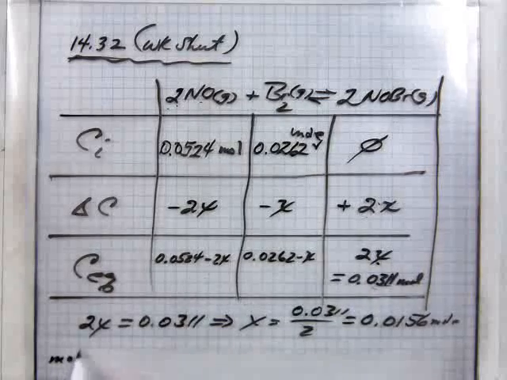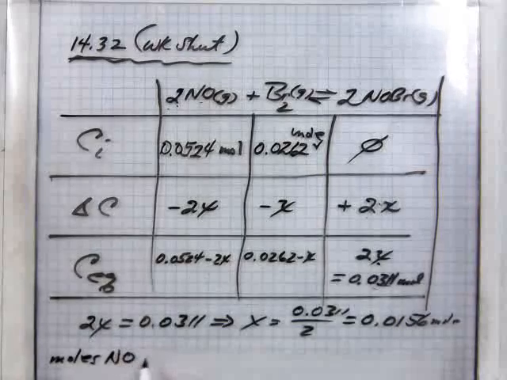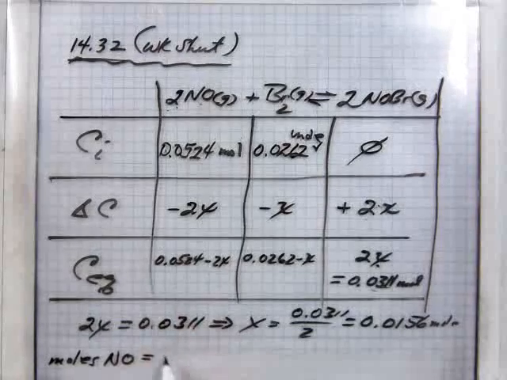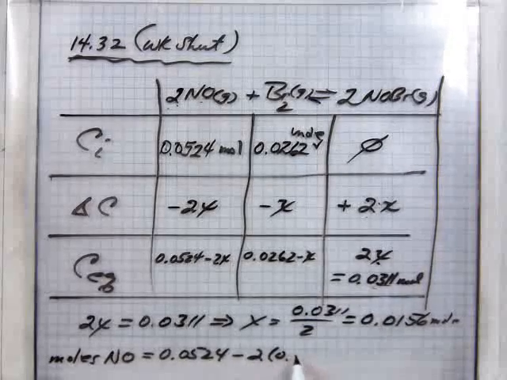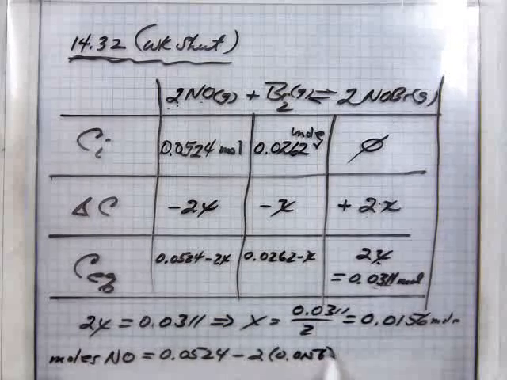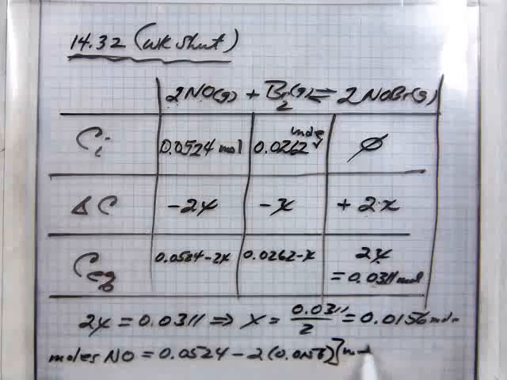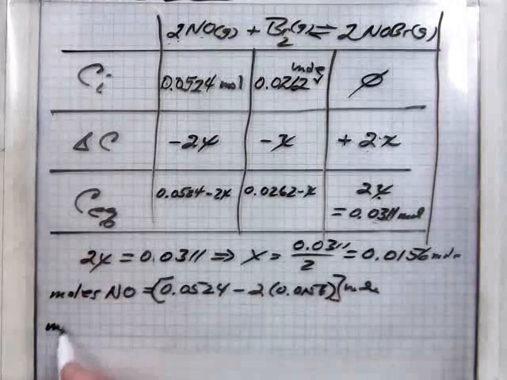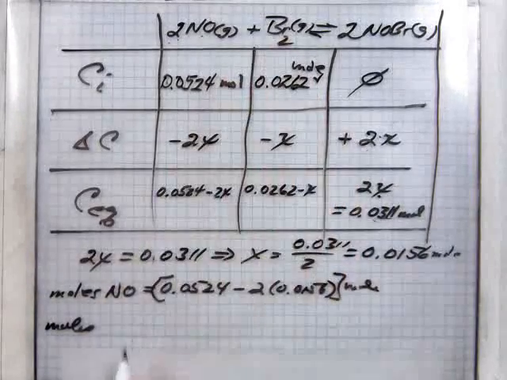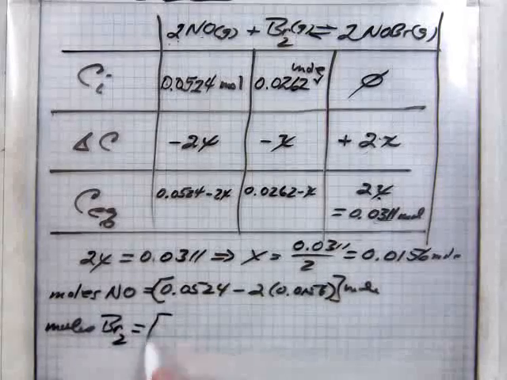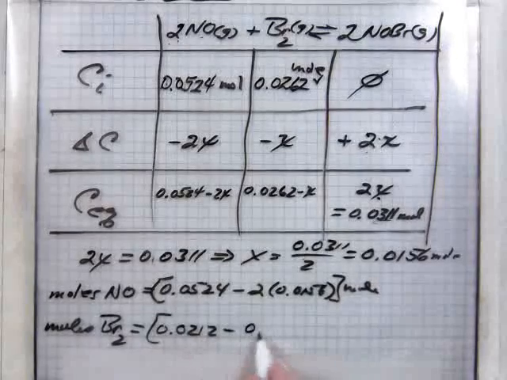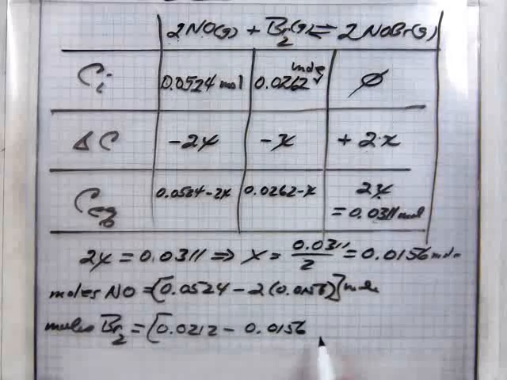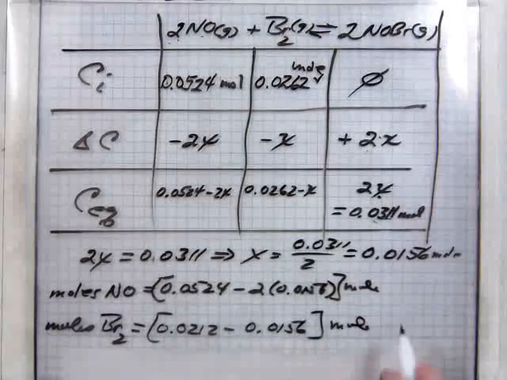So moles of NO is equal to 0.0524 minus 2 times 0.0156 mole. And moles of the bromine is equal to 0.0212 minus 0.0156, which is just the X, mole.